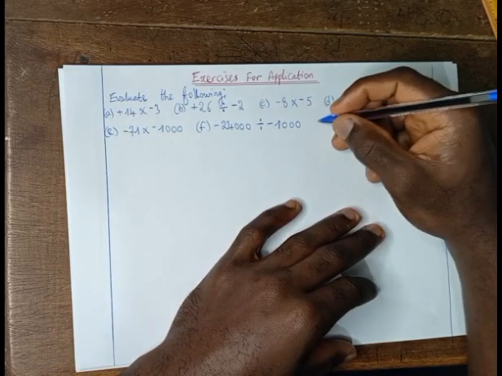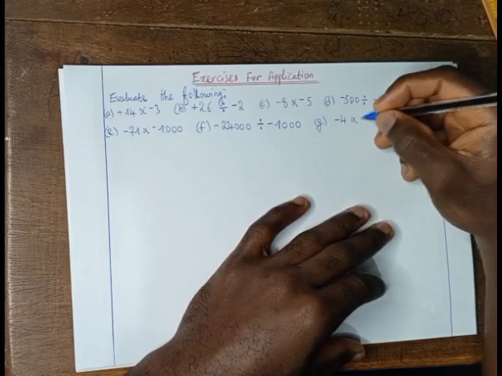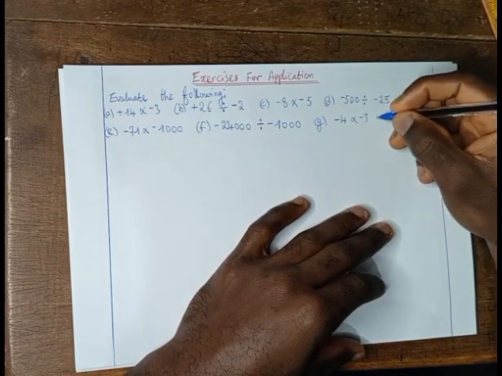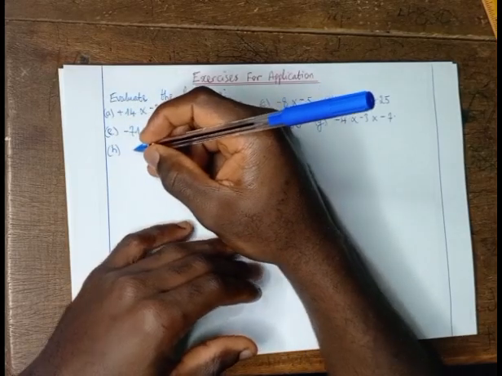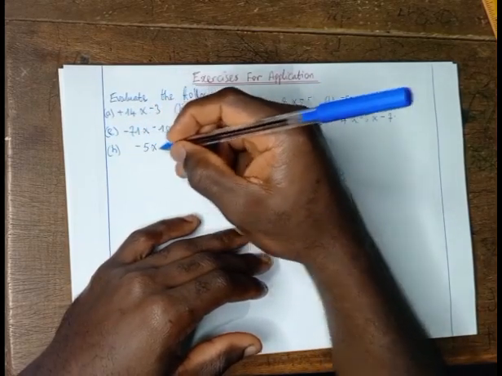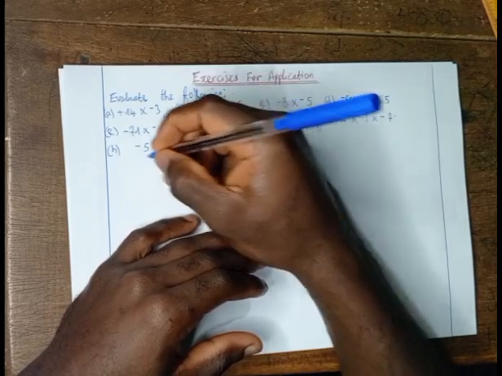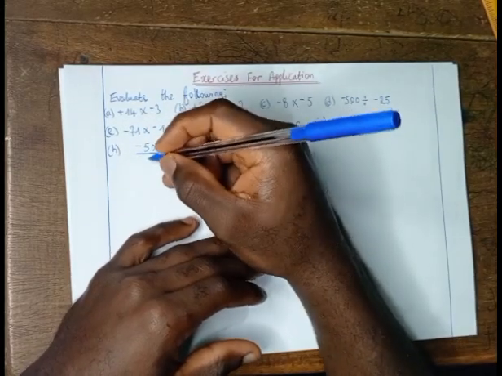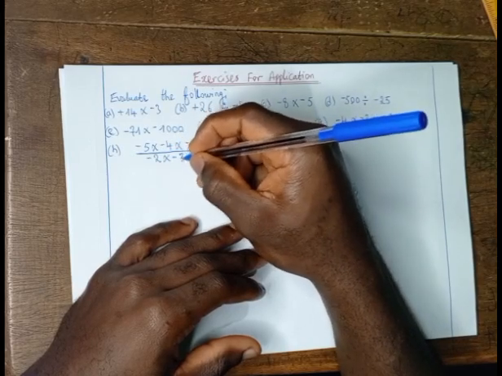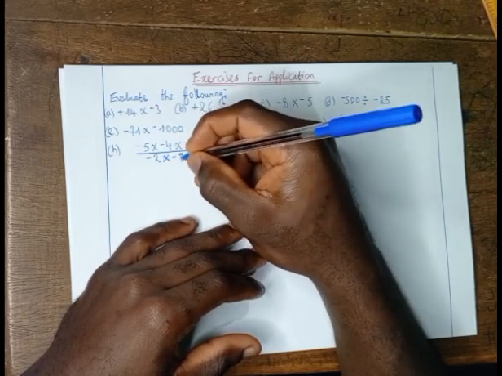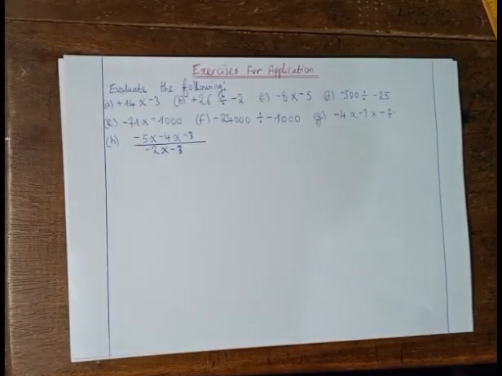Then G, -4 times -3 times -7. H, we have -5 times -4 times -3 all over -2 times -3. So these are the exercises for application we have on this.